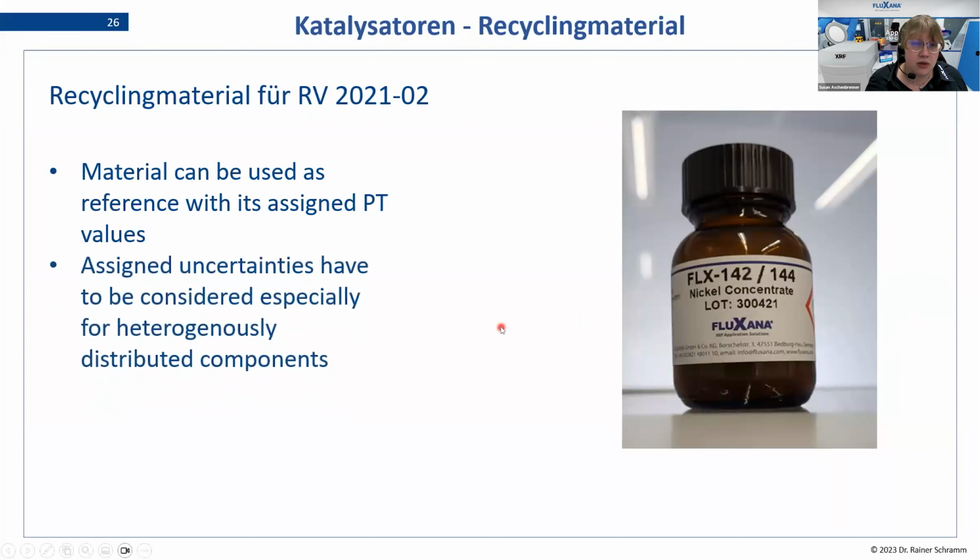So the assigned uncertainties have to be considered, and especially for the heterogeneously distributed components have to be checked for with each measurement. But it's still better than nothing. This is the problem with the reference materials that I mentioned in the very beginning.